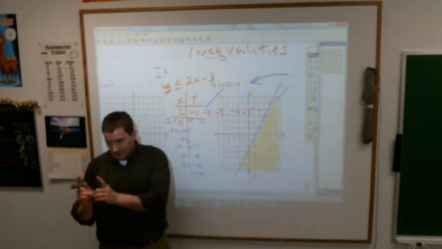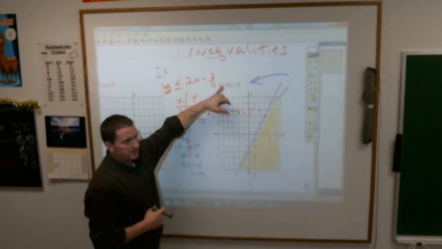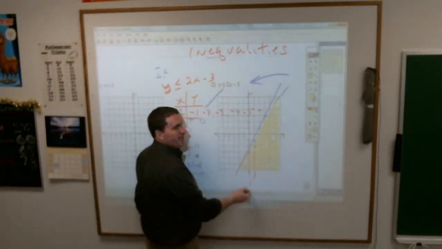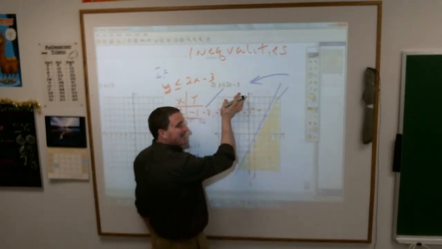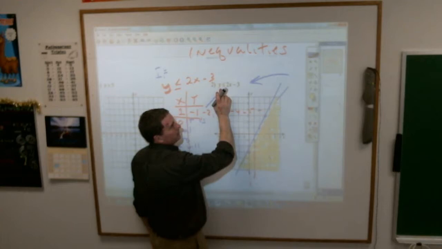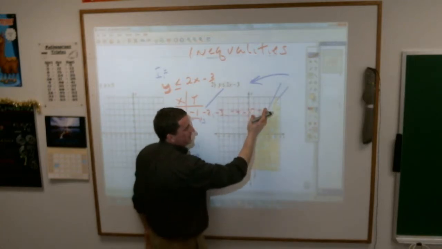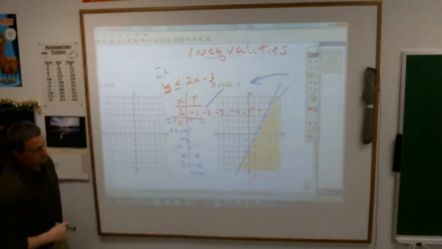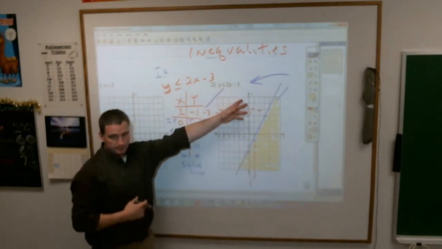It all depends on the less than or greater than sign. If it is y is less than, you shade all the things where y keeps getting smaller, the bottom. If this had been a greater than sign, I would shade everything on the top. So you just have to look at the y in the less than or the greater than. If y is less than, everything on the bottom gets shaded. And that would be the graph of y is less than or equal to 2x minus 3.